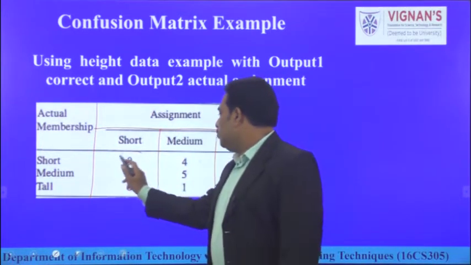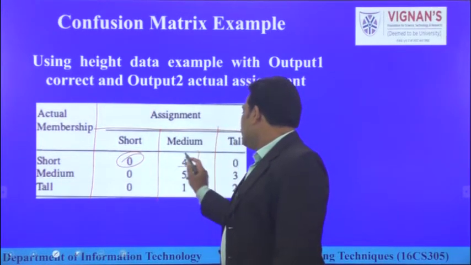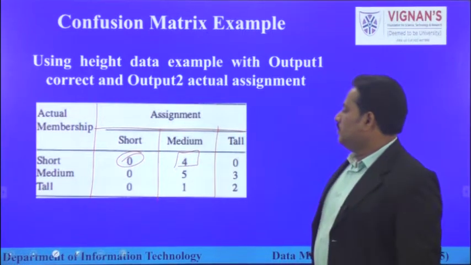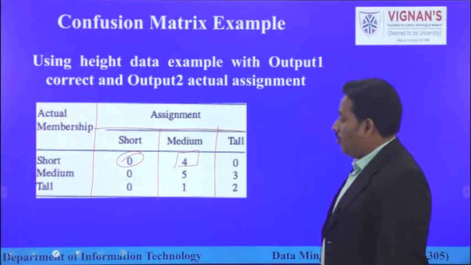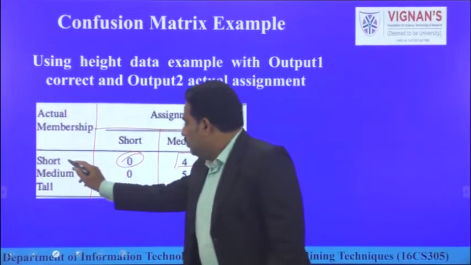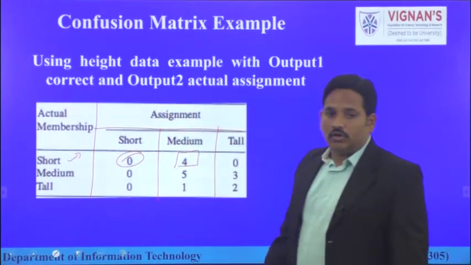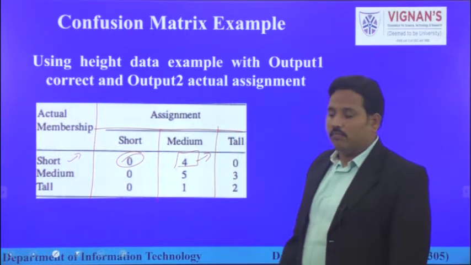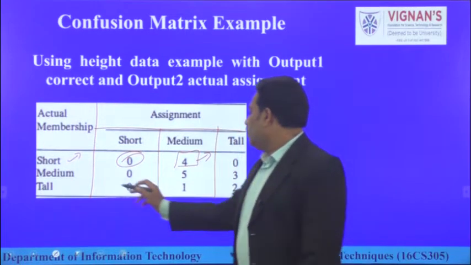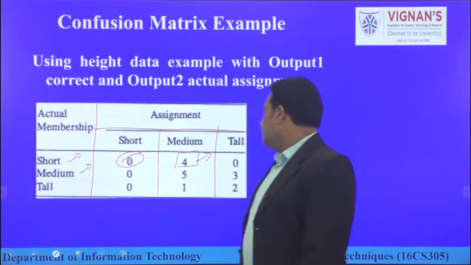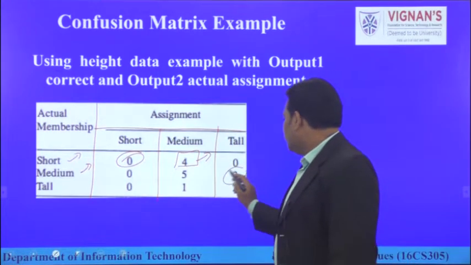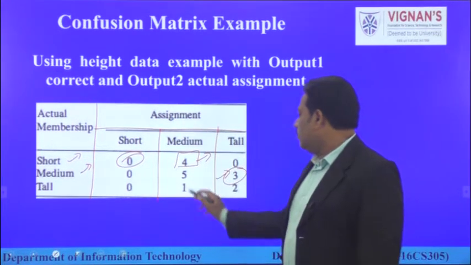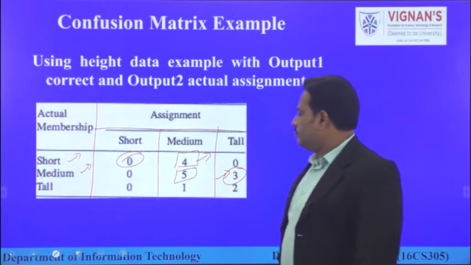There are 0 short versus short, but there are 4 values which are recorded wrongly. That is, the actual height of the person is in the short category, but it was labelled as medium. And the actual height of the person is medium, but for 3 members it was written as tall. The remaining is the same.